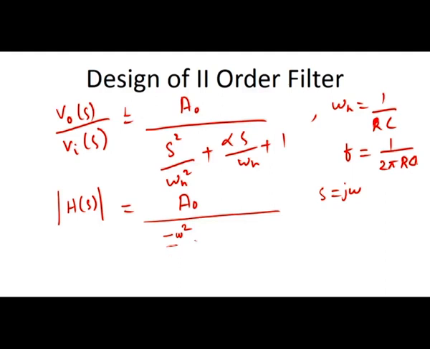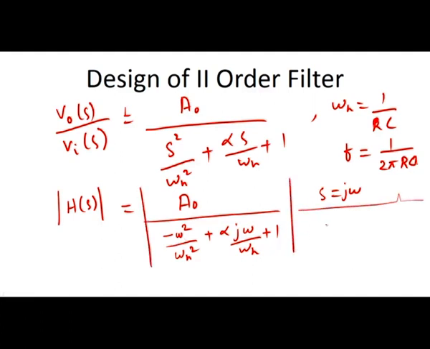So omega square by omega H square plus alpha j omega by omega H plus 1. So you have only one imaginary term and two real terms. If you simplify this, you have A naught in the numerator divided by 1 minus omega square by omega H square plus j into alpha omega by omega H.